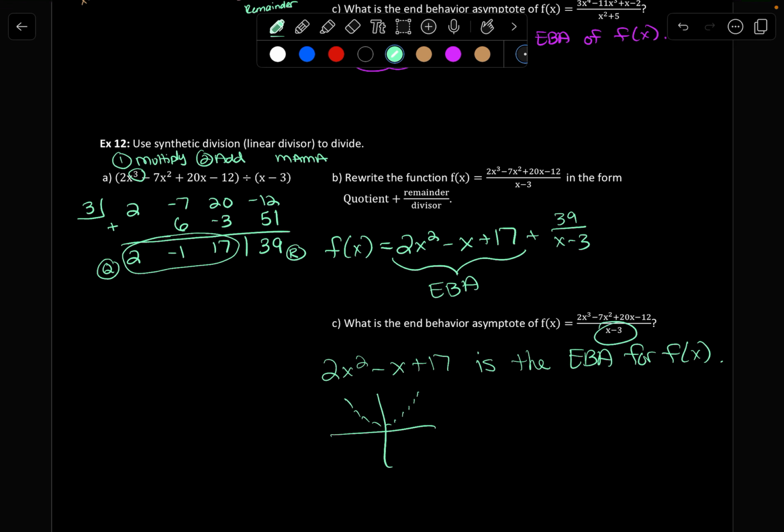But this one also has a vertical asymptote. So this will be affected by 2 asymptotes, but the end behavior will only be affected by the quadratic because the vertical asymptote is just 1, it's at 1 x value. And then the function just goes on and does what it wants after that, or based on the function itself.